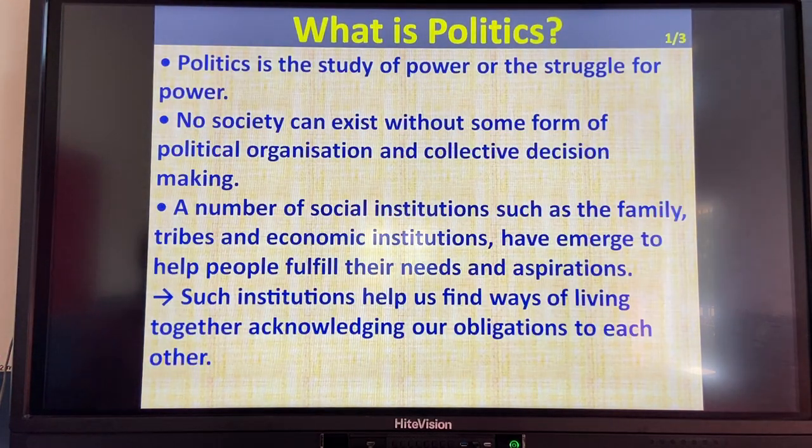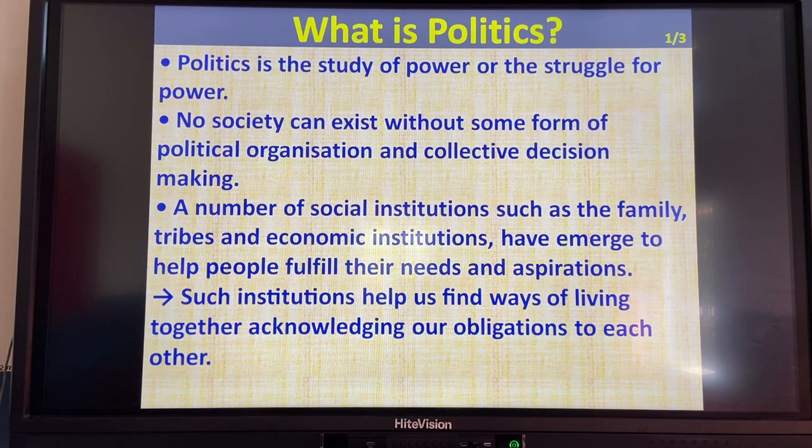What is politics? Politics is the study of power and the struggle for power. No society can exist without some form of political organization and collective decision making.